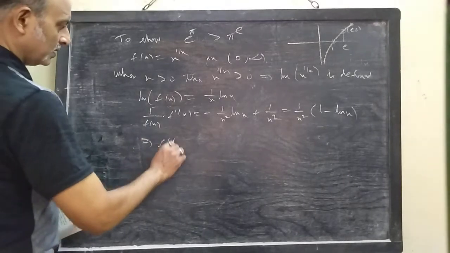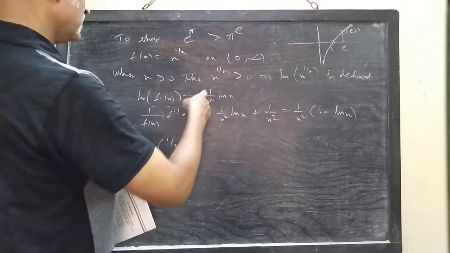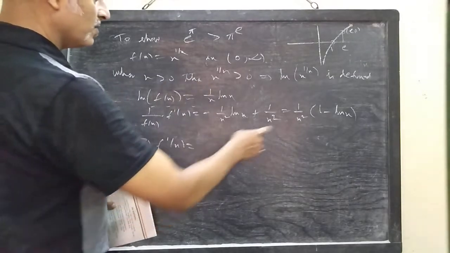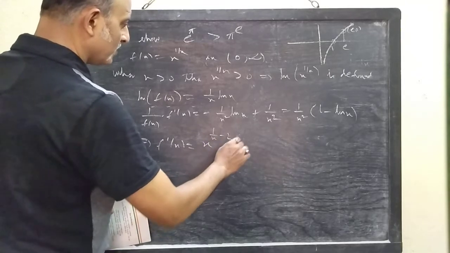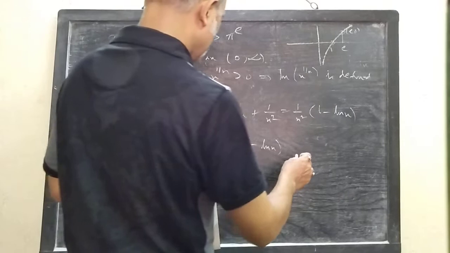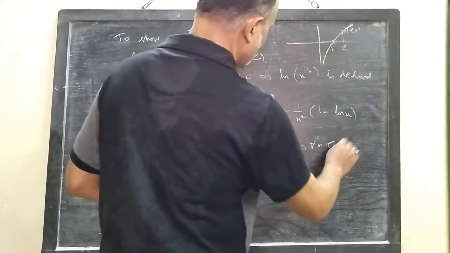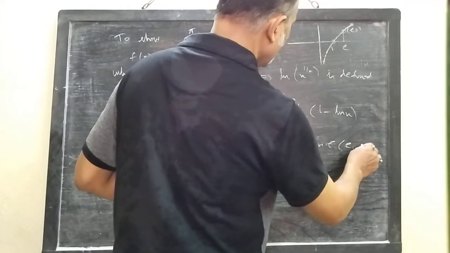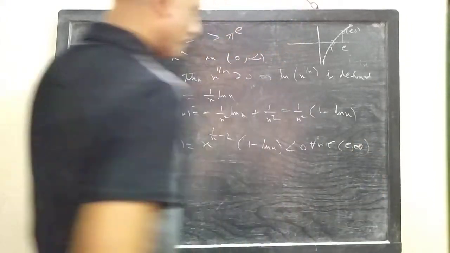Right, f dash x equals f(x) into this. f(x) is what? f(x) is x to the power 1 by x. So you can write x to the power (1 by x minus 2) into (1 minus ln x). This is less than 0 for all x belongs to e to infinity.